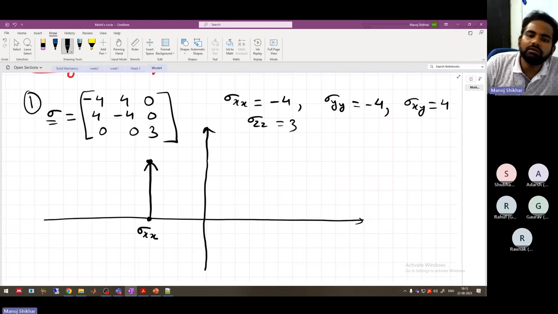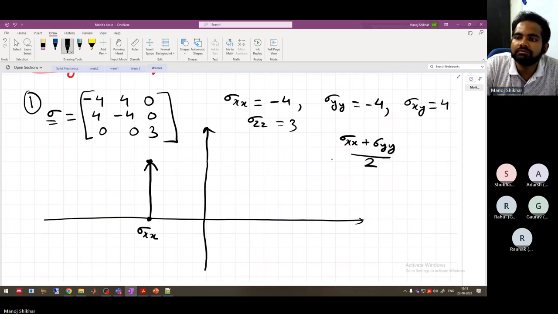Okay. Now you can see that the center itself is lying at the same point. Sorry, we did not find the center. I'm so sorry. So sigma xx plus sigma yy by 2 is the center.